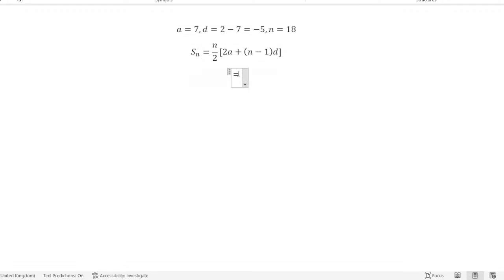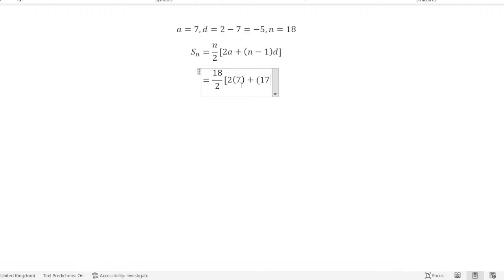So here we have 18 divided by 2, then 2 into the value of a, which is 7, close brackets, plus, open brackets, the value of n is 18, so here we'll have 17 multiplied by negative 5.